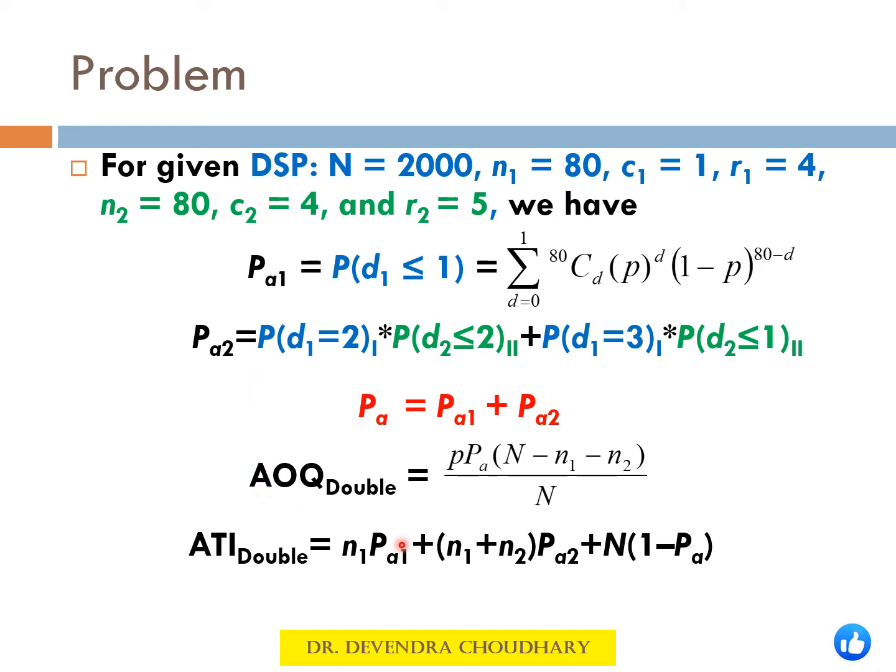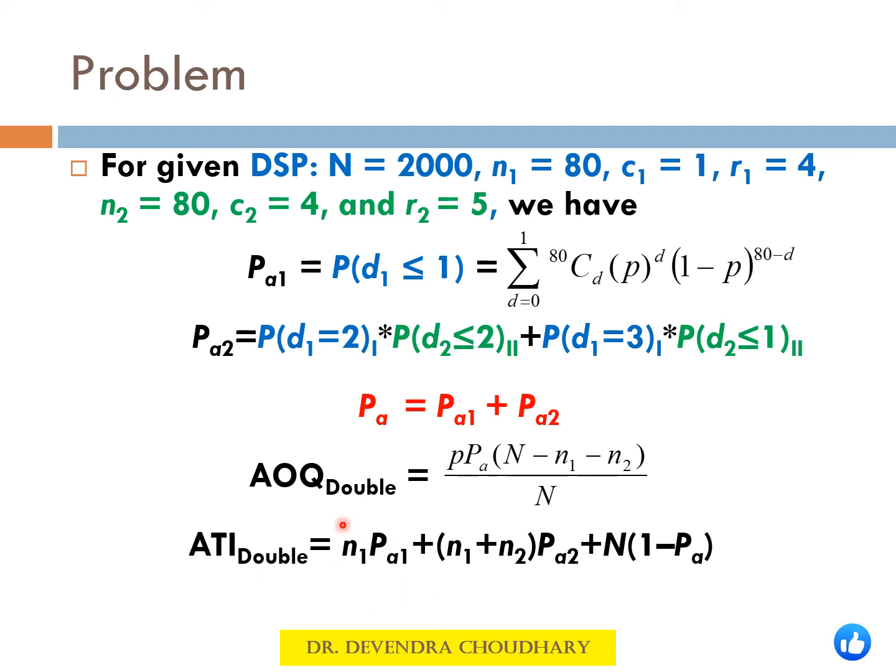The AOQ of double sampling plan is given by this relationship, and average total inspection of double sampling plan is obtained by this relationship.